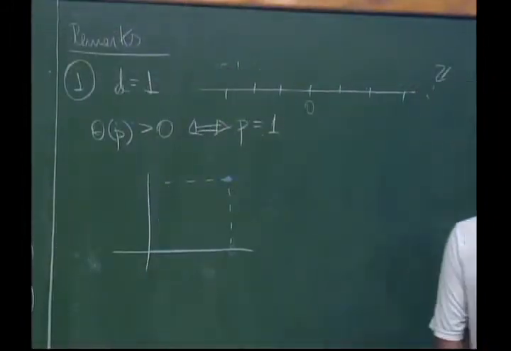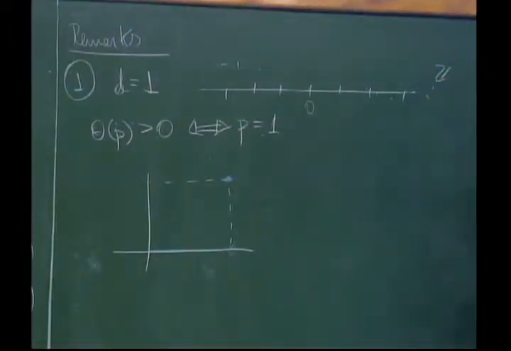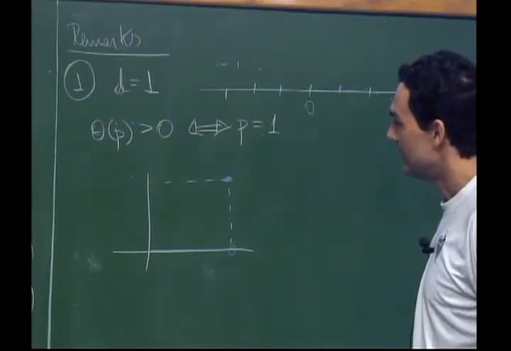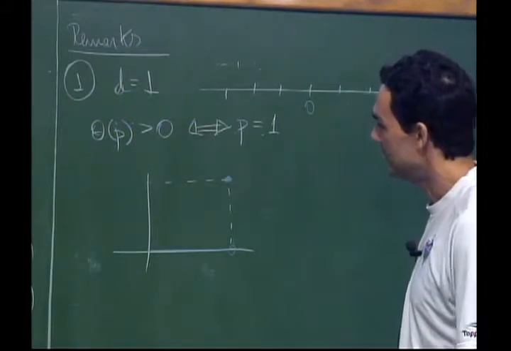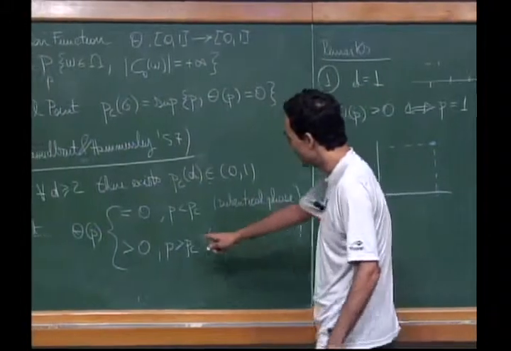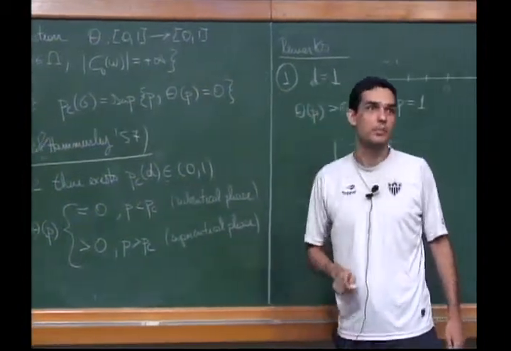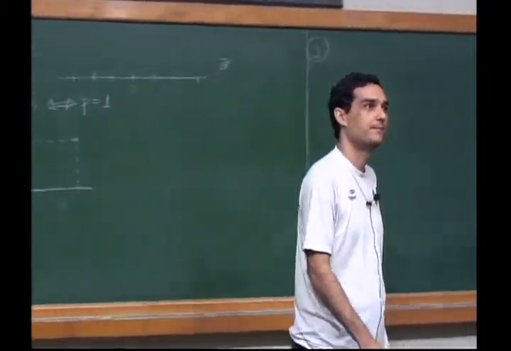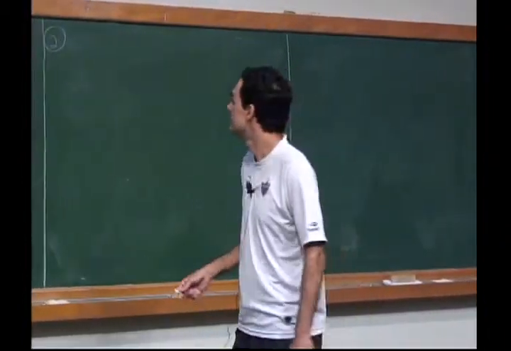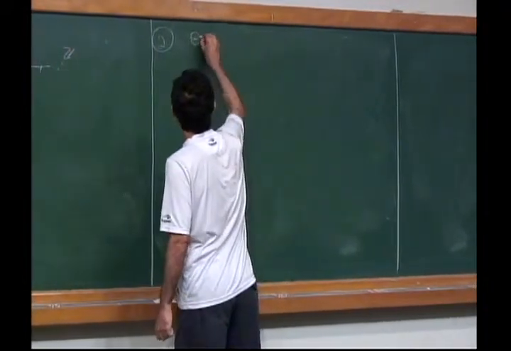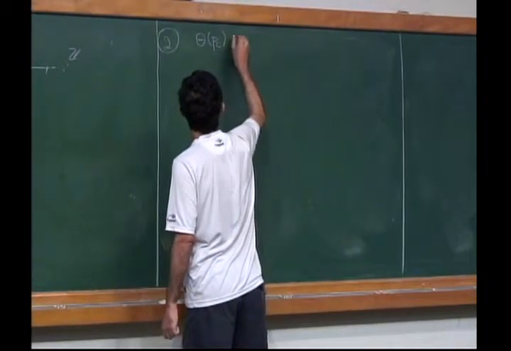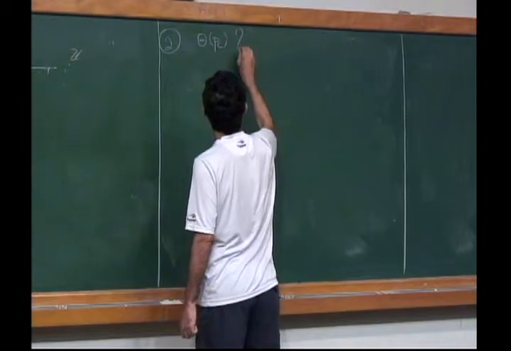My second remark: observe that this theorem does not tell anything about what happens when p is equal to p_c, in the critical phase. What about theta of p_c?